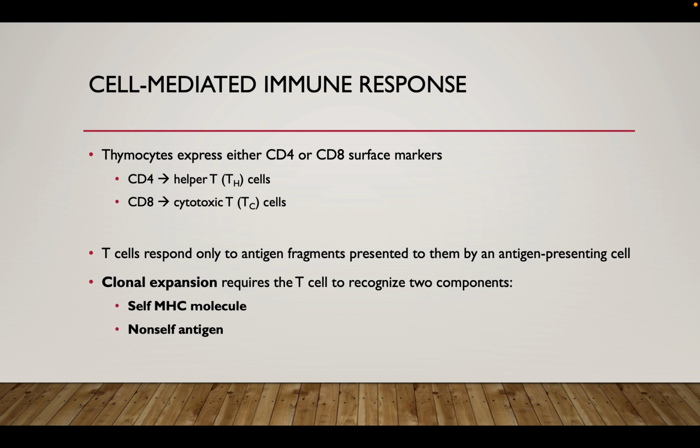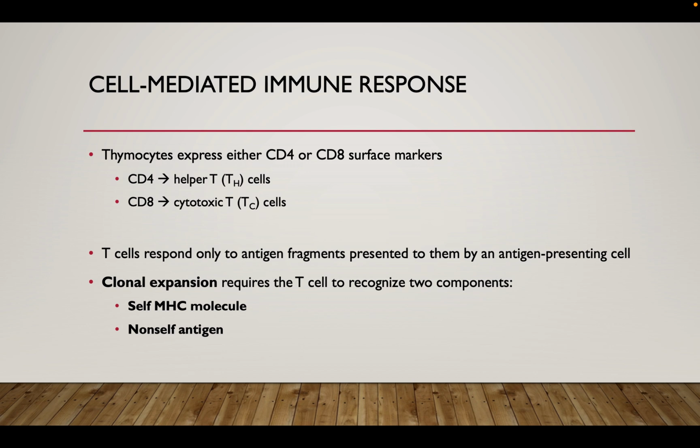So you remember we talked about macrophages, B cells, and the dendritic cell. Dendritic cells appear to be very good at presenting and stimulating naive T cells that have never been activated before. So the dendritic cells, which are a type of antigen-presenting cell, seem to be very effective in doing that.